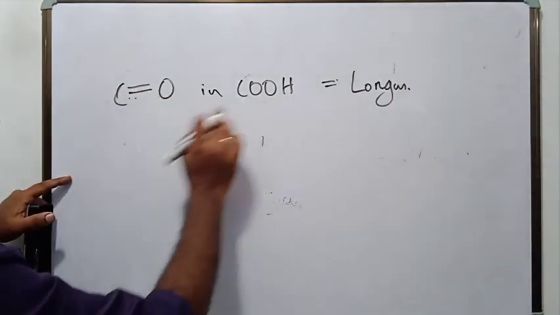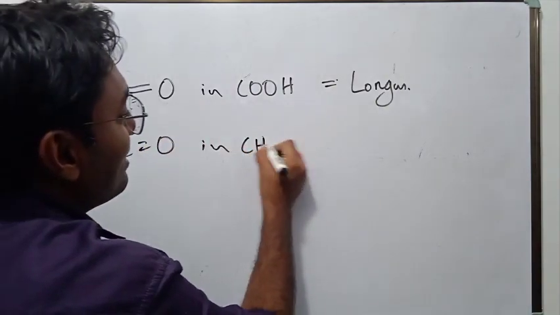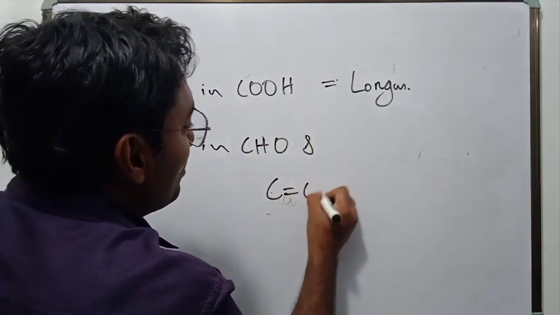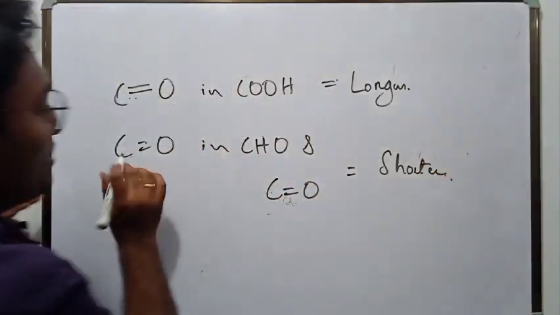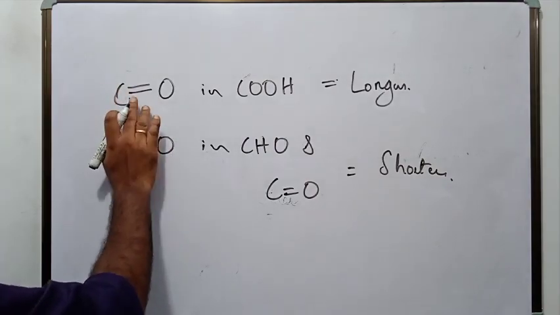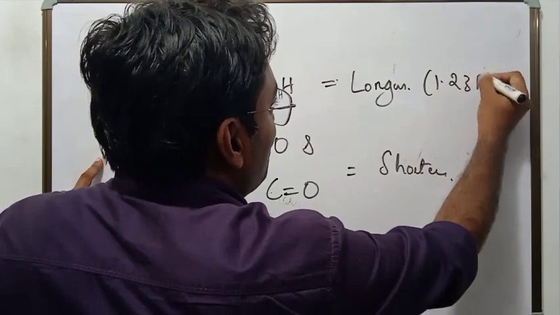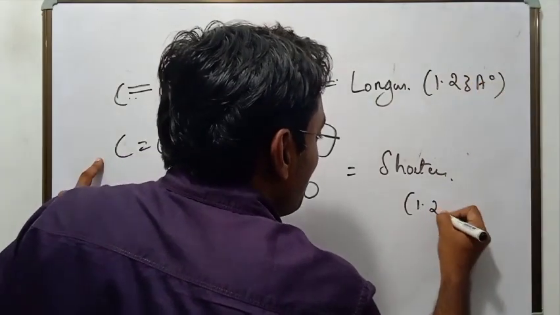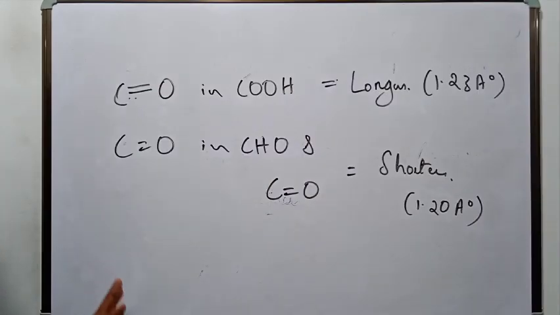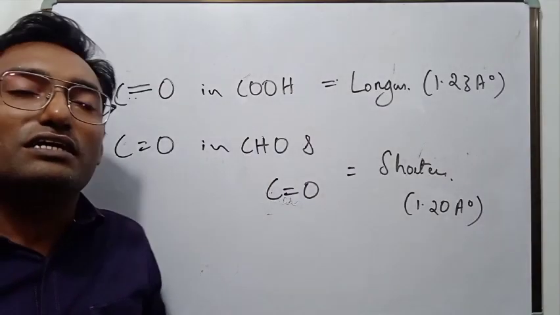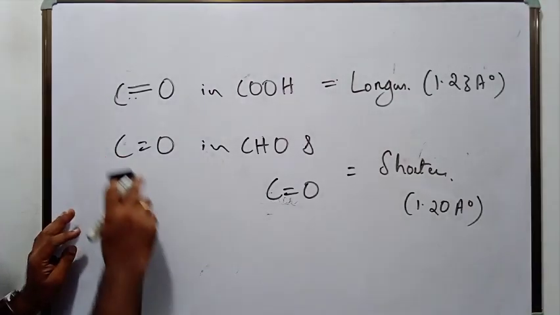It is always longer, and the carbon oxygen double bond in aldehyde and ketone is shorter because it is a pure double bond, no doubt. But this is not a pure double bond, this is intermediate. This is about 1.23 Angstrom and this is 1.20 Angstrom. So X-ray diffraction method is proving that there is resonance in carboxylic acid, and because of this resonance only carboxylic acids are acidic in nature.